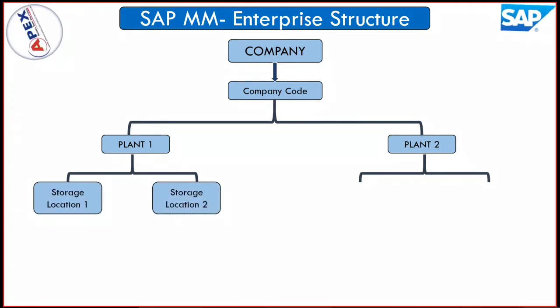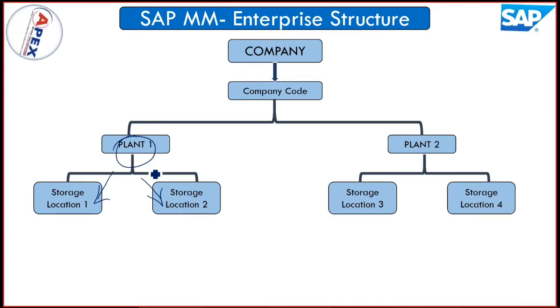Under these plants, we have storage locations. Whatever product is manufactured, we store the particular material in the storage location based on the material type as well as the goods. For plant two also we have storage locations. It is not that we should have only two plants.